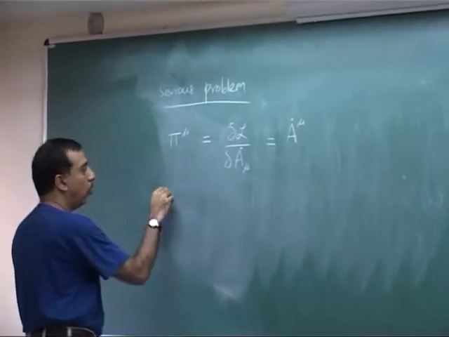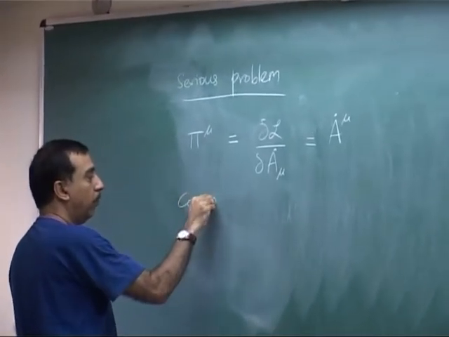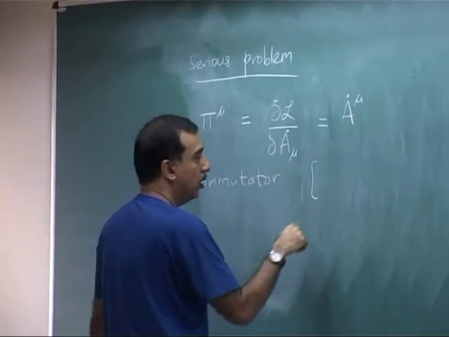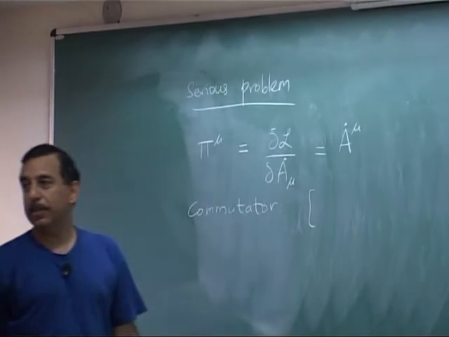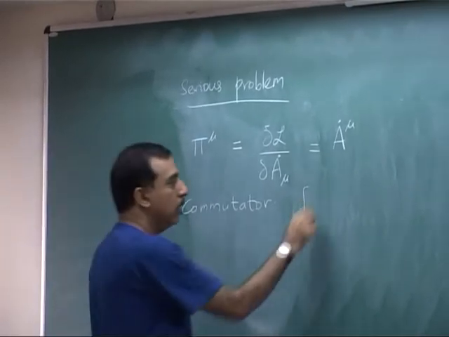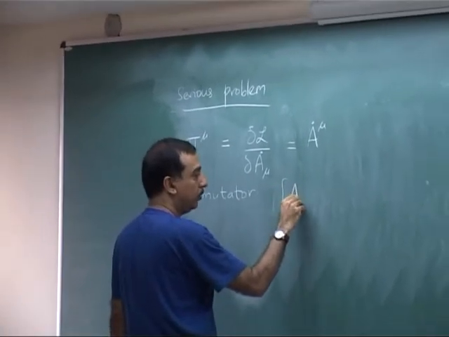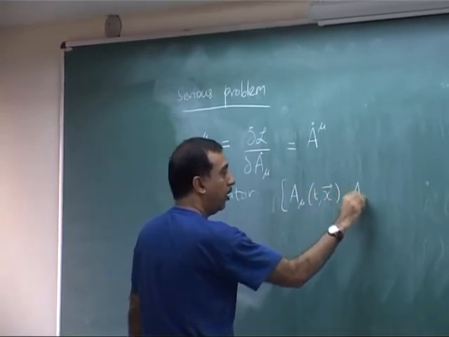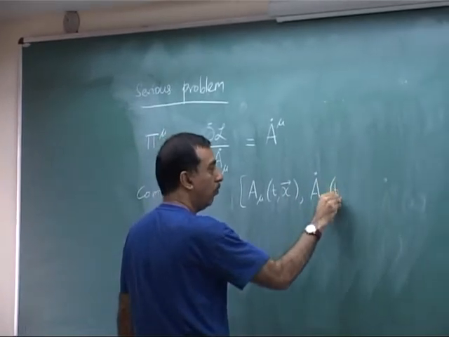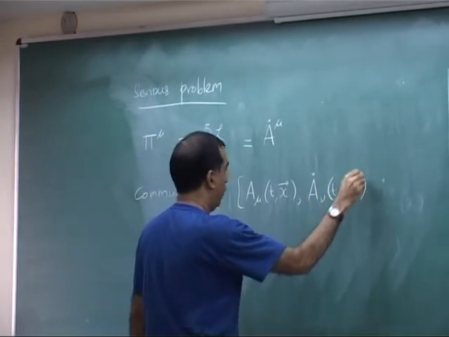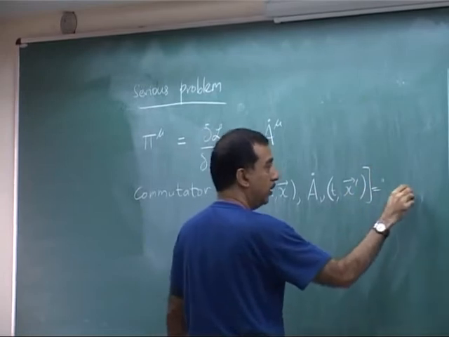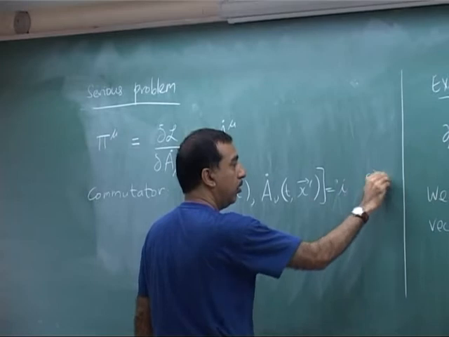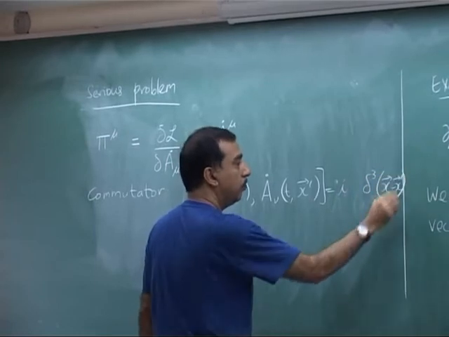Okay. Now the commutator of phi with pi equals i times delta. So here it must be A mu with A nu dot, and we would like this to be i, and it should have delta 3 of x minus x prime.